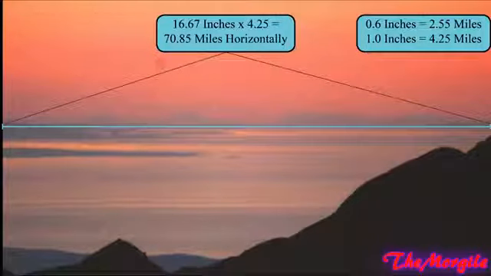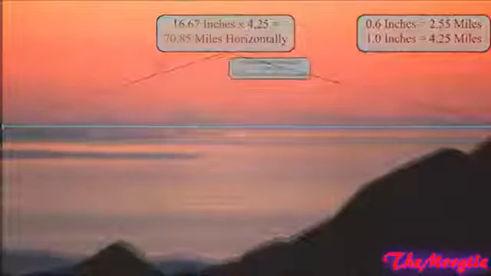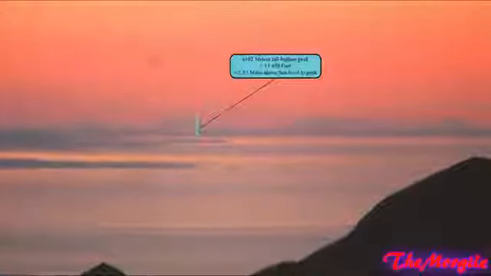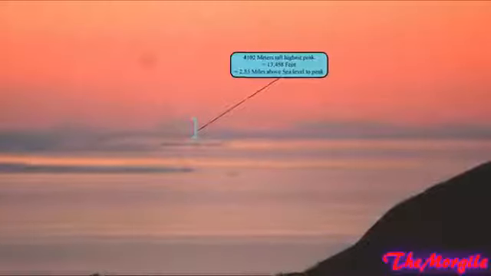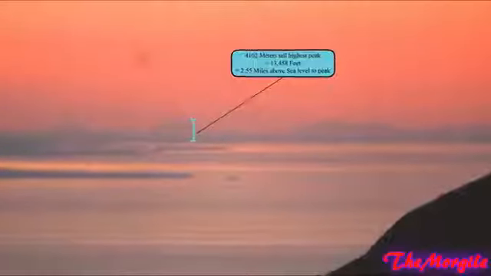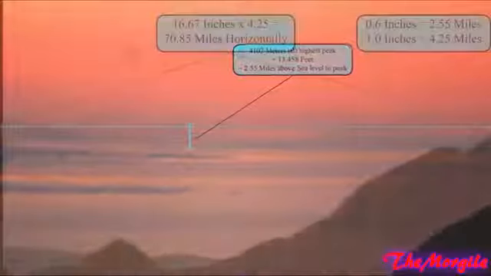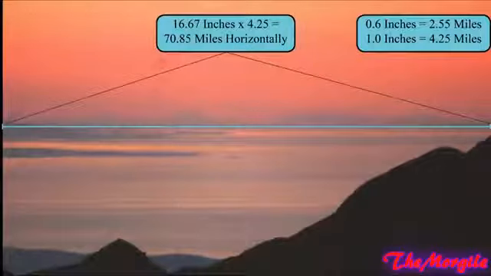You could just round it off and say 70, but that is 70 miles of horizon based on the fully visible mountain, which we know from base to peak is about 2.55 miles tall. And again, even if there is some lensing effect going on, we can still use that as a scale for the horizon, because the horizon clearly ends at a point closer to the mountains, but we can clearly see the base of the mountains.